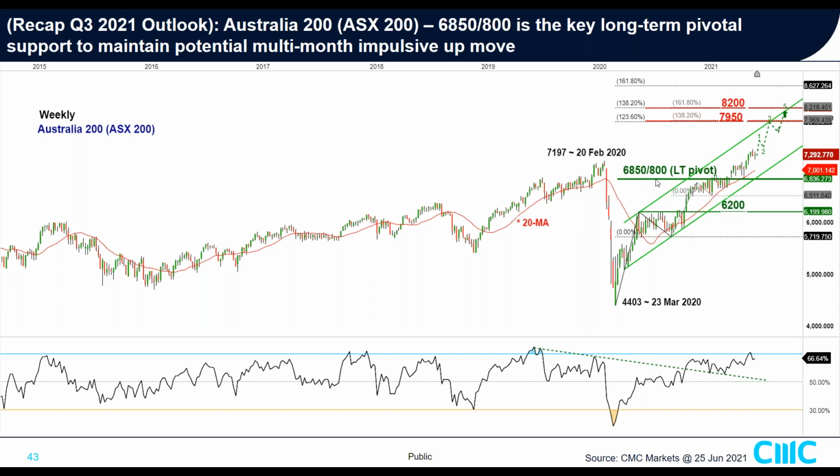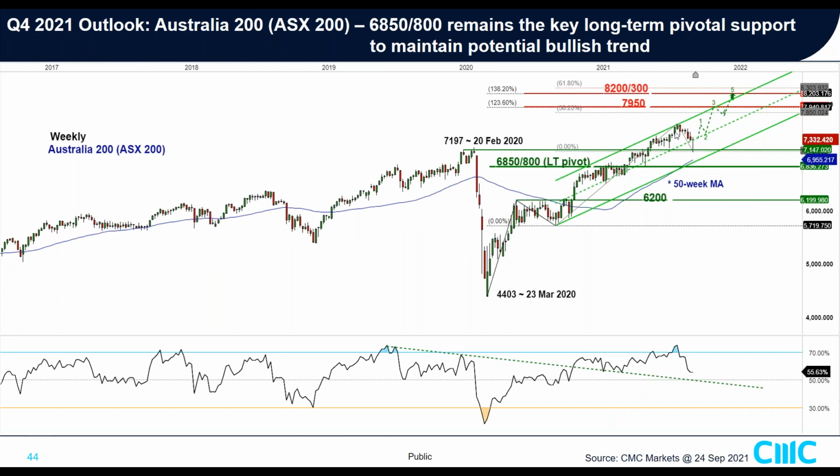At that point in time, we were looking for a potential push up to test the upper boundary of this channel at 7,950, and above it the 8,200 level. It churned upwards, but it didn't actually hit the 7,950 level. Thereafter it started to do a pullback within the channel.